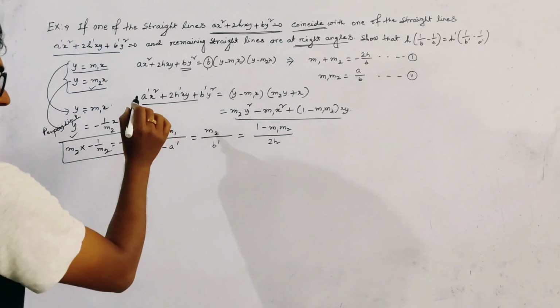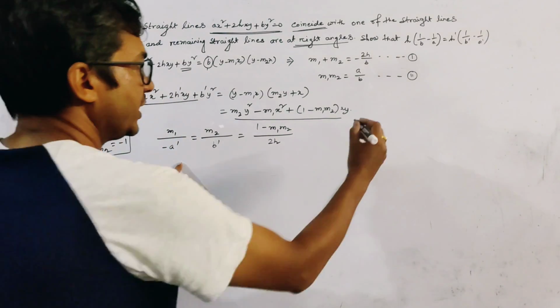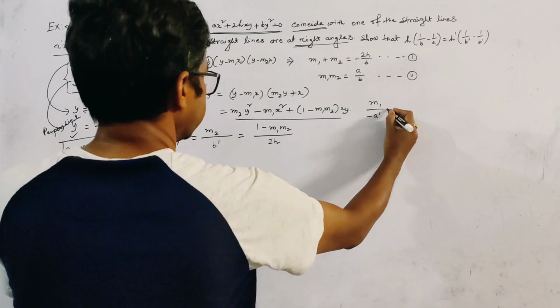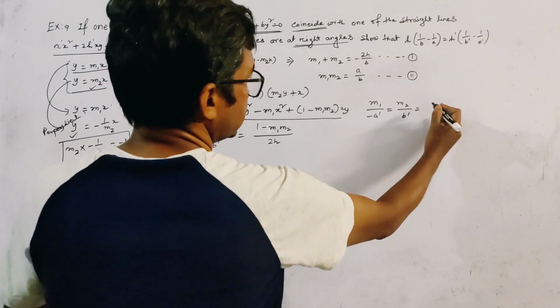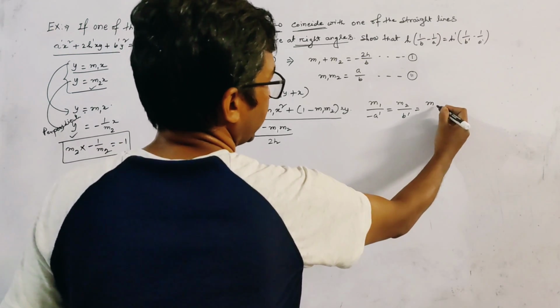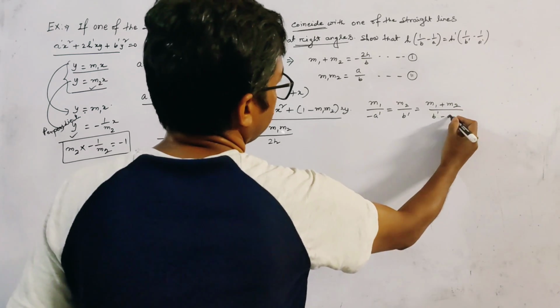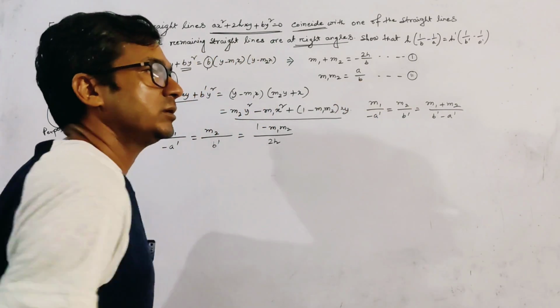Right, we get this by comparing both sides. Now from here we get m1/(−a') = m2/b' = (m1 + m2)/(b' − a'), adding the numerator and denominator both.